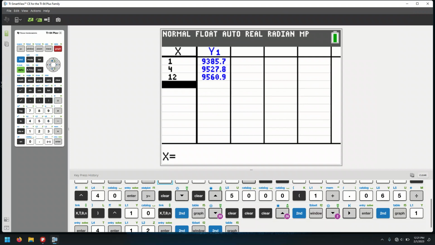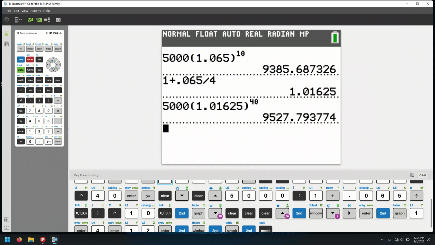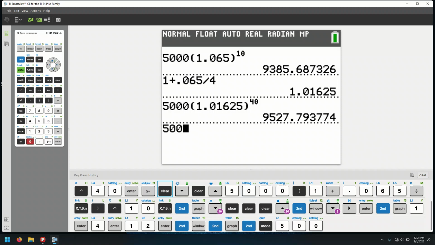So let me do the calculation here. So that's in this case 5,000 e second. Okay, so to reach the exponential function, again, here we have the logarithmic function, and you want to do the second function.